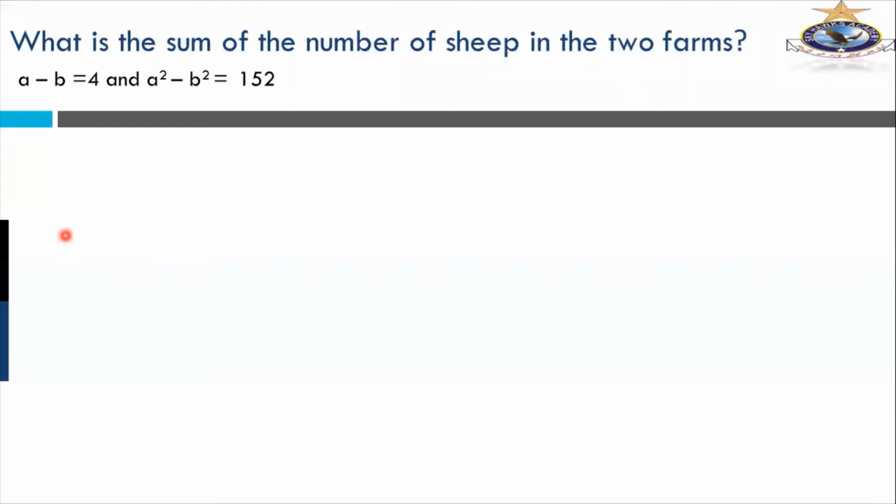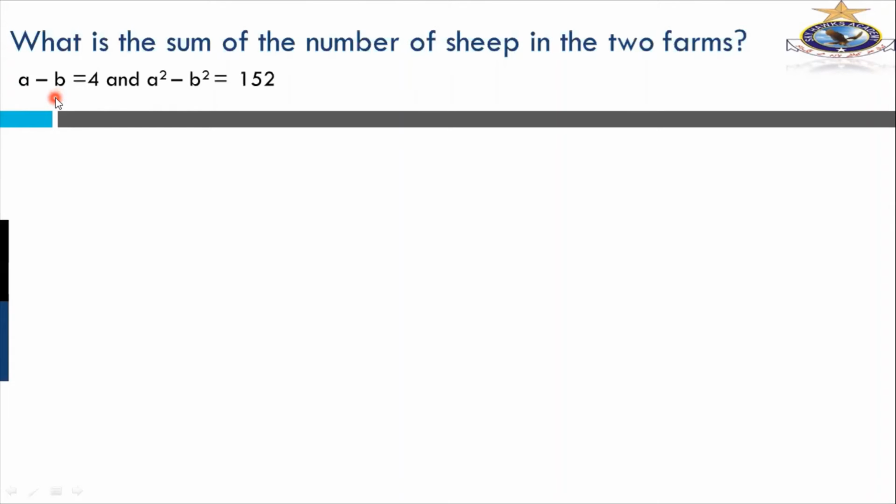Once again, looking at the top: A minus B is 4. This is the one thing. And the difference of the squares of the same things is 152. So forget about A and B being the number of sheep, this and that.